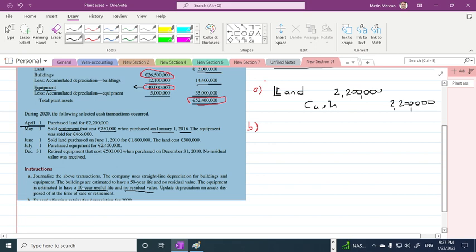The equipment was sold right now, May 1, 2020. Now we need to find what? First of all, we need to record cash. Cash will increase, how much? $466,000.